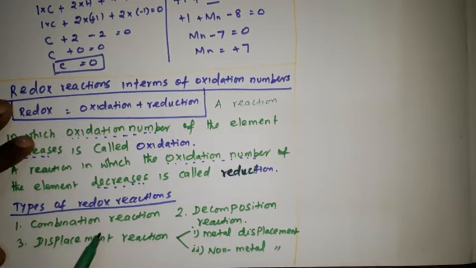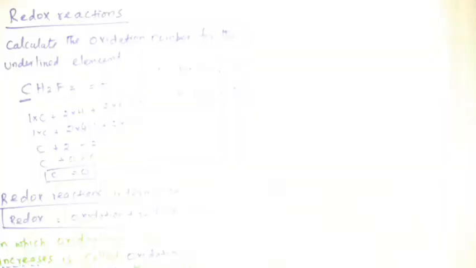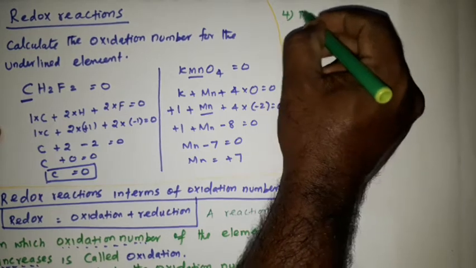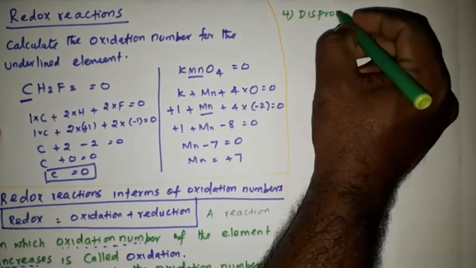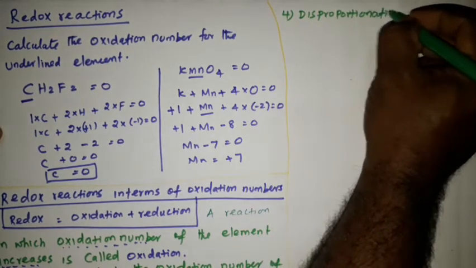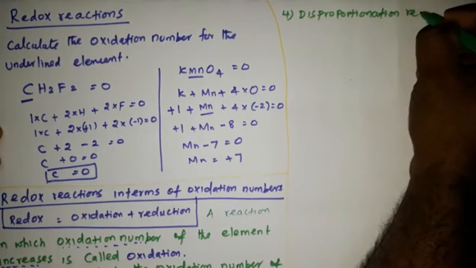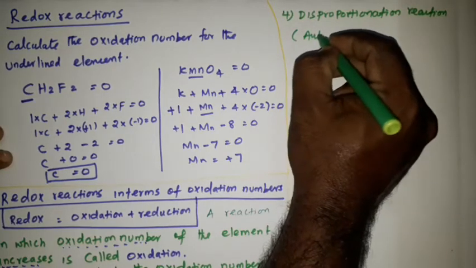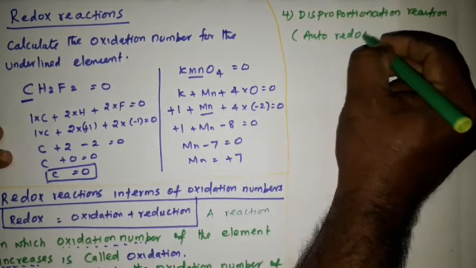First one is combination reaction. Second one is decomposition reaction. Third one is displacement reaction. In displacement reaction, there are 2 types. One is metal displacement reaction. Another one is non-metal displacement reaction. Fourth one is disproportionation reaction, or we can say auto redox reactions.